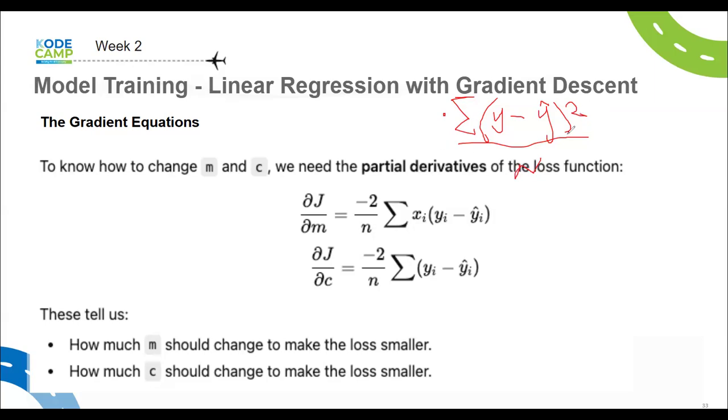If you do a simple differentiation of this, it is now going to be 2 of... by the way, you are differentiating with respect to m, which is one of the parameters. So the 2 will come over here. That's why you have a 2. And the reason you have a minus is because this y hat i is actually mx plus c.